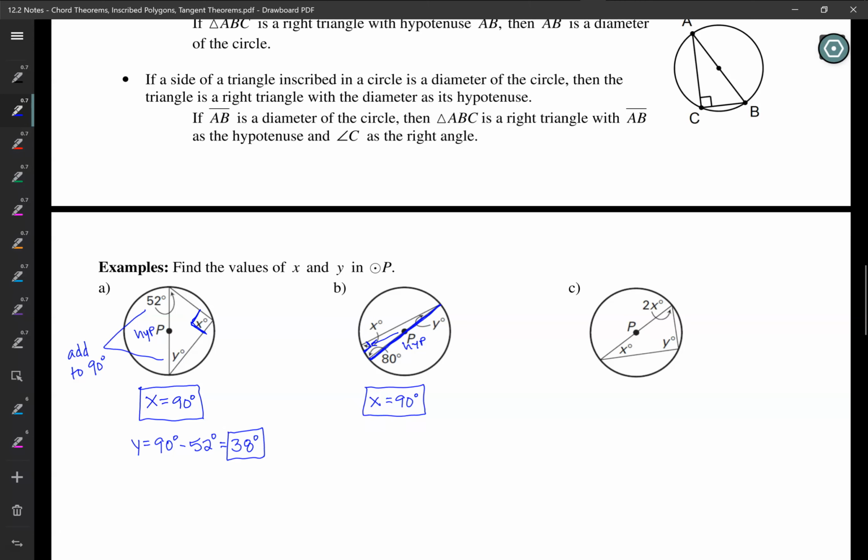It's not always going to be x, but it was on this one. Okay, the other two angles add to 90 degrees. So y is 90 degrees minus 80 degrees, which is 10 degrees.